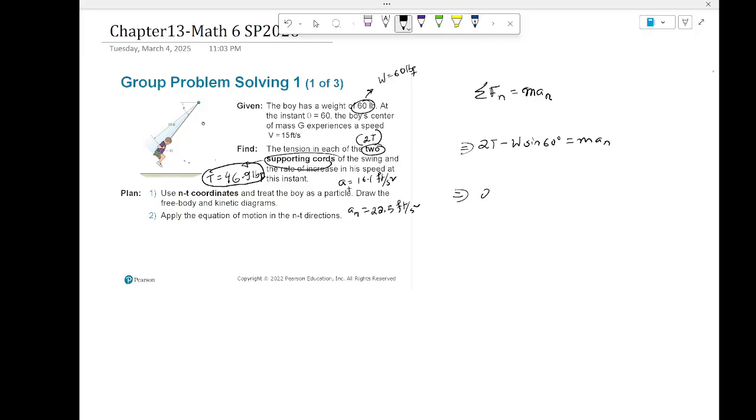Now this 2T can be written as m a n plus W sine 60. So T can be written as m a n plus W sine 60. Yep, Logan, sorry, I did confuse you. So you have this 60 multiplied. What is the a n value you guys found?